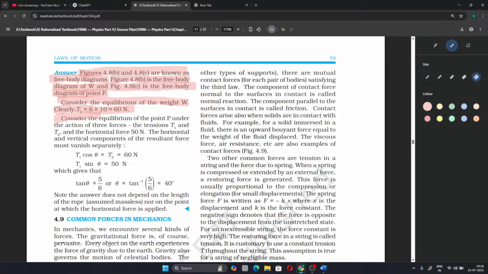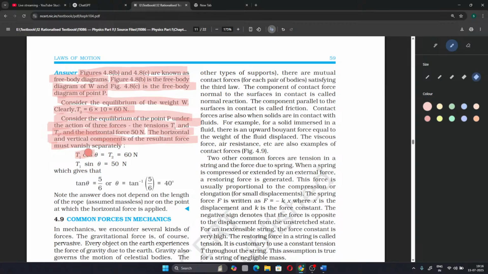That is what I said. Consider the equilibrium of point P under the action of three forces: tension T1, tension T2, and the horizontal force 50 Newton. The horizontal and vertical components of the resultant force must vanish separately.